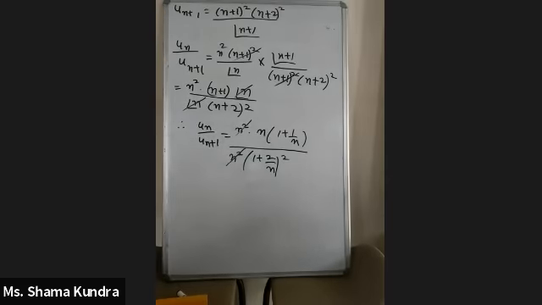Do as many cancellations as possible, and after it, we have to take limit n tends to infinity. Don't take limit n tends to infinity before cancellation.